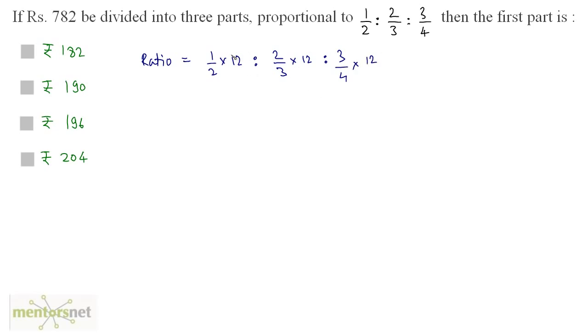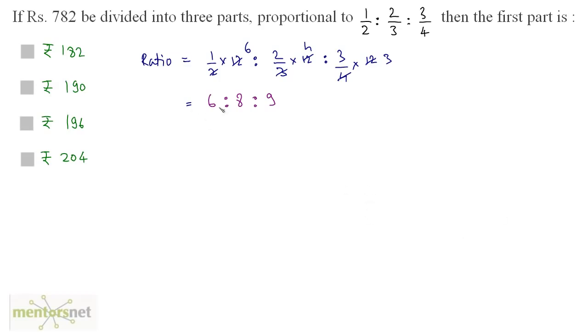Remember this property of ratio: multiplying all of the terms in the ratio with a common term does not change the value of the ratio. So I can safely multiply by 12 here. So 2 times 6 is 12, 3 times 4 is 12 and 4 times 3 is 12. So this ratio is essentially 6 is to 8 is to 9.